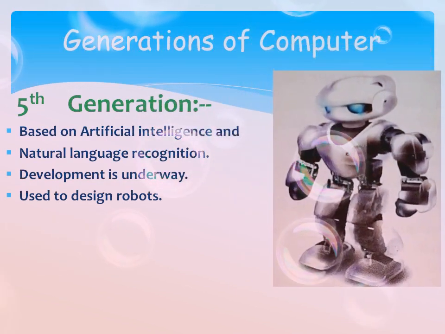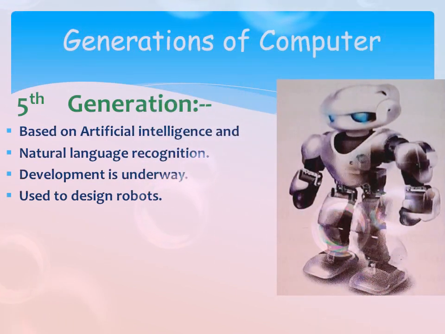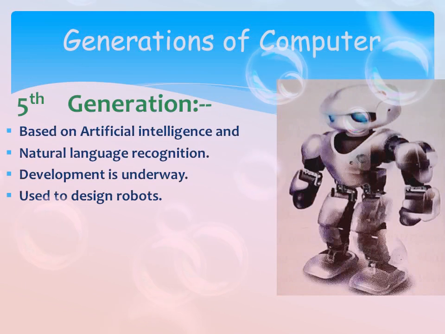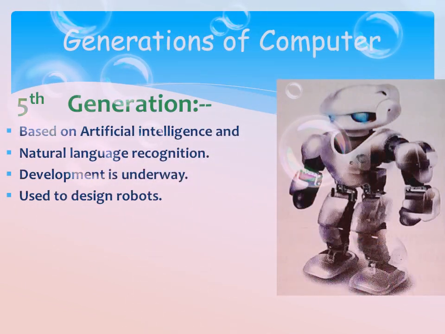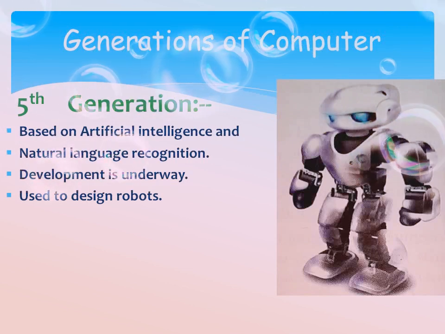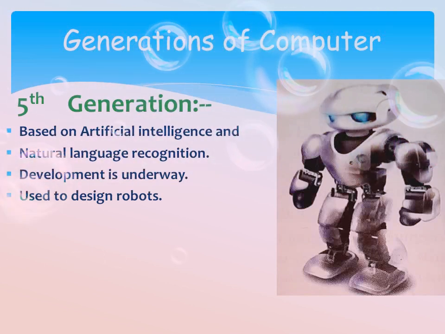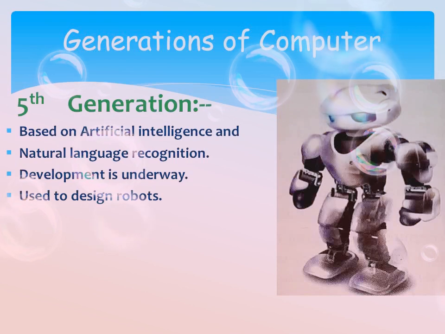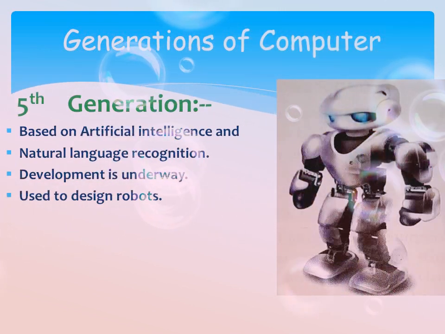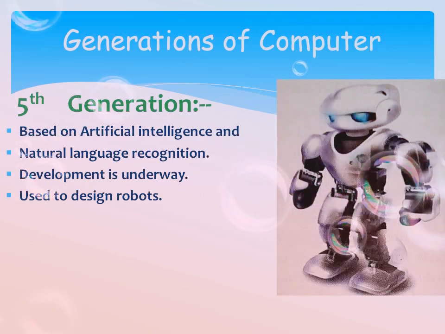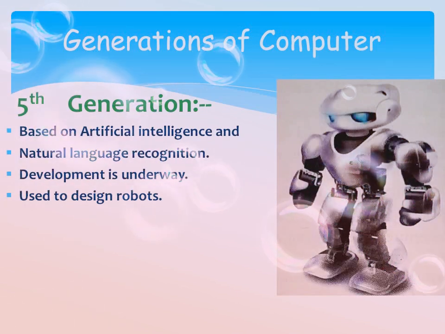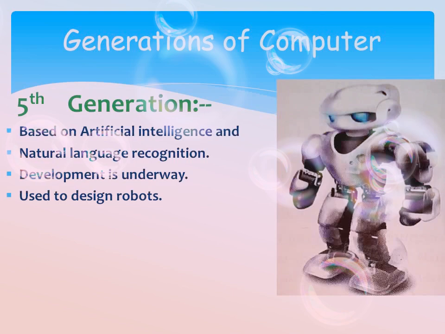In fifth generation computers, it is going to be based on the principle of artificial intelligence and natural language recognition. Mainly the development of fifth generation computers is underway. This technique will be used to design robots.